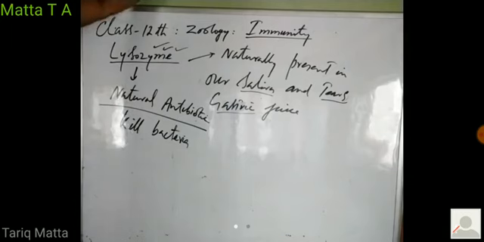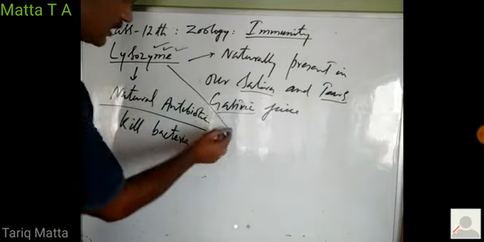How it kills the bacteria, you might be knowing. It disrupts the polysaccharide chains. You know, the bacterial cell wall is formed of peptidoglycan. In that peptidoglycan cell wall, there are polysaccharide chains linked by short tetrapeptides. Those polysaccharides are linked by glycosidic bonds.